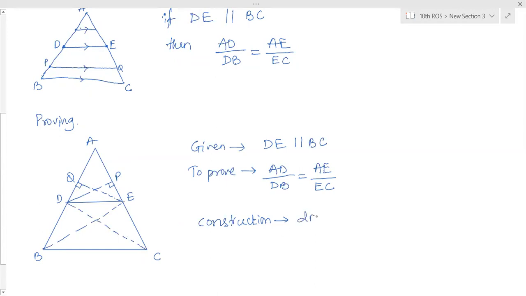Construction: draw DP perpendicular to AC and EQ perpendicular to AB, and join BE and CD.